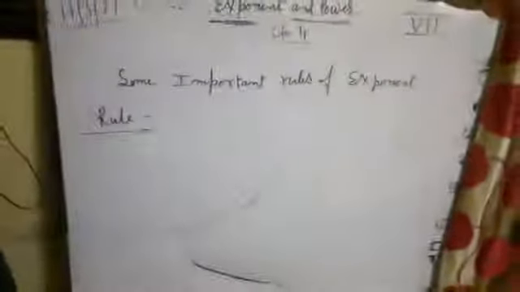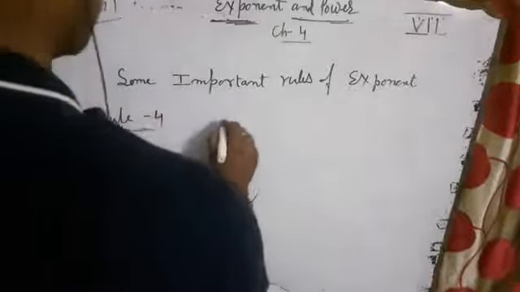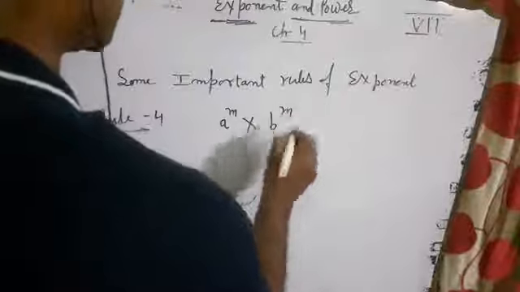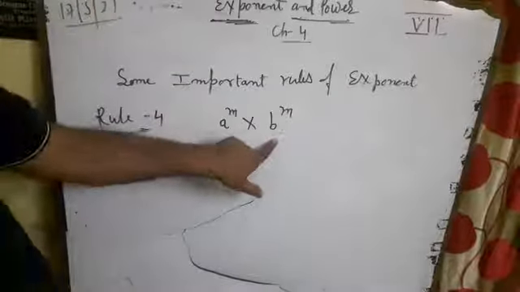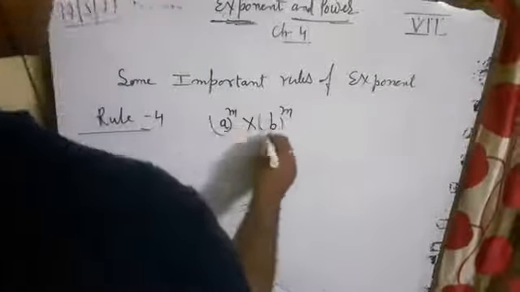Basic rules of how to evaluate the exponent question, how to convert exponent into a rational number. Rule number 4. A to the power M into B to the power N. In this time, A and B are not the same, the base is not same, but power is same.